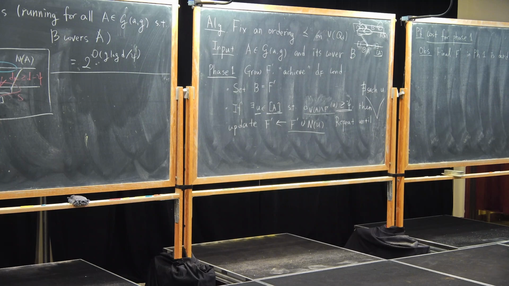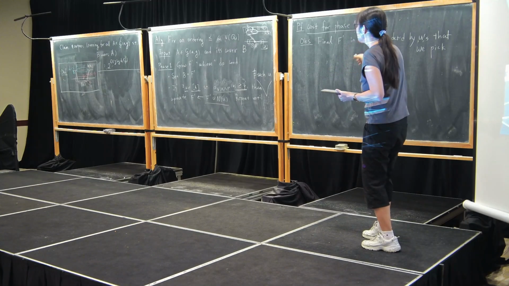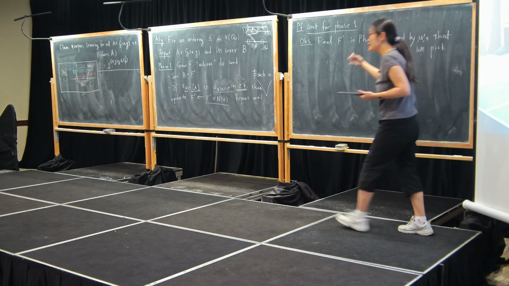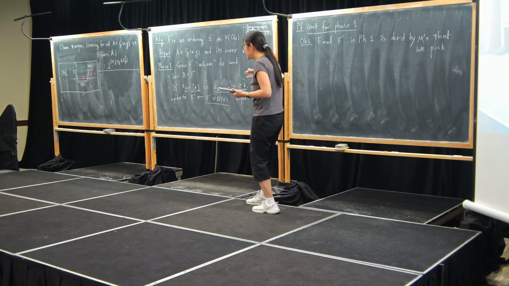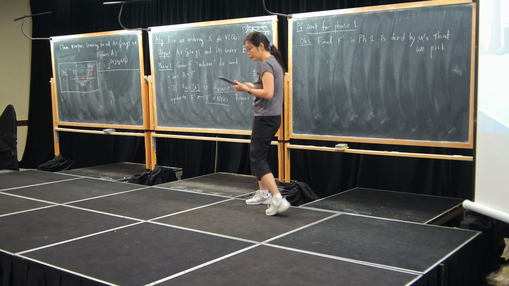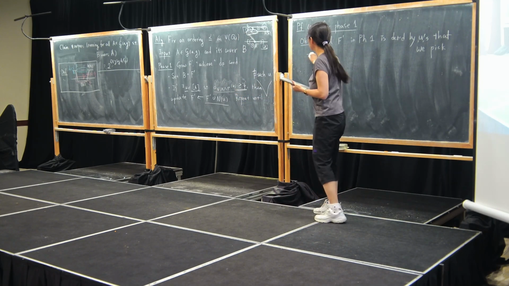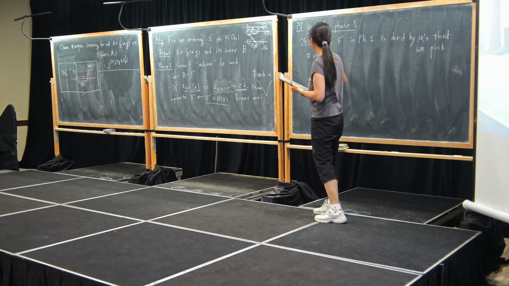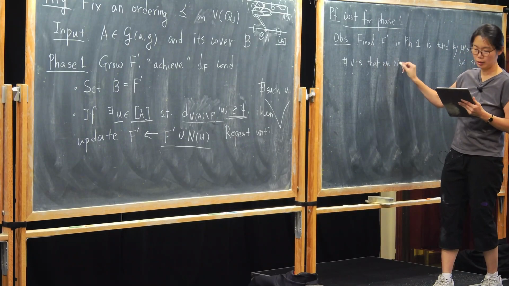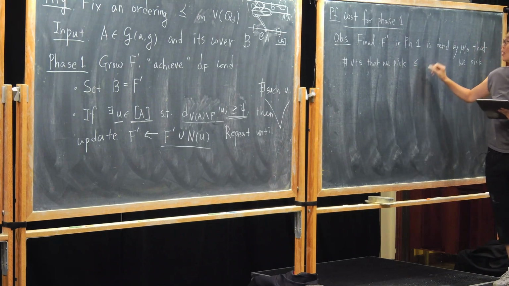So to specify f prime, we just need to specify the vertices that we add. We already discussed that the number of such vertices is small because we pick the vertices with a high degree. Let me write it down. The number of vertices that we pick cannot exceed G over psi.